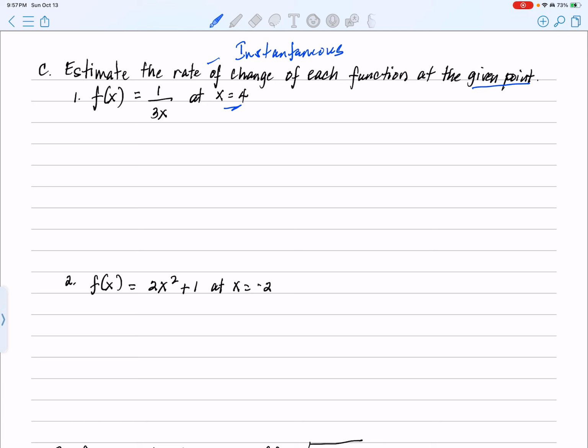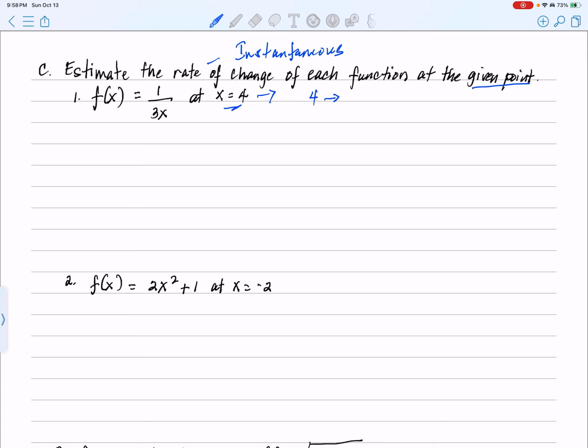But in this case, our 4 is positive. That means I'm going to choose a 0.001 higher, because this is positive, so we're going to add.